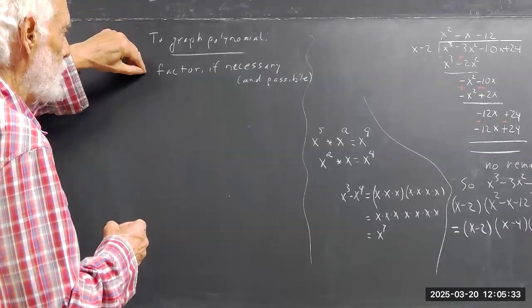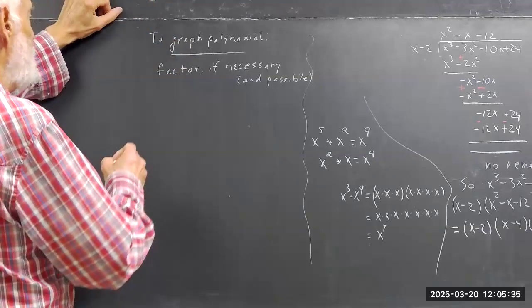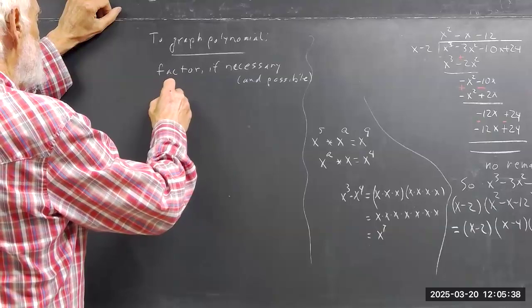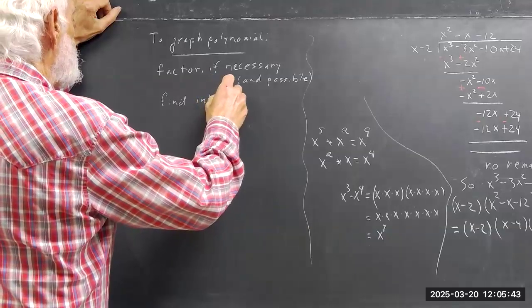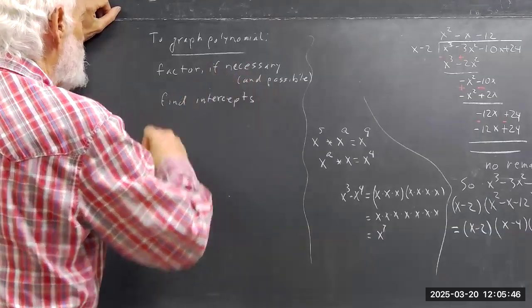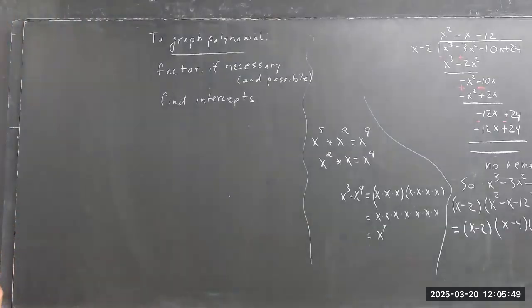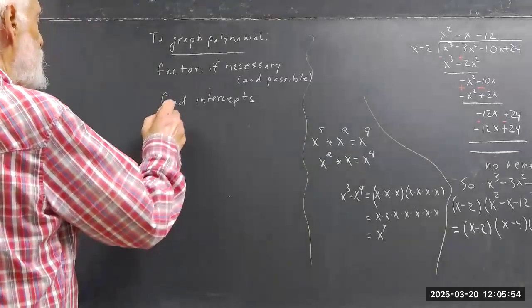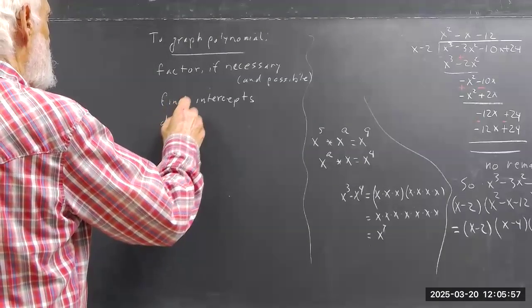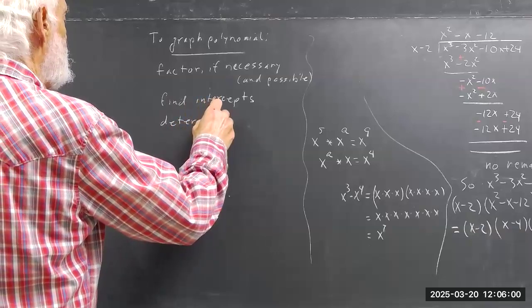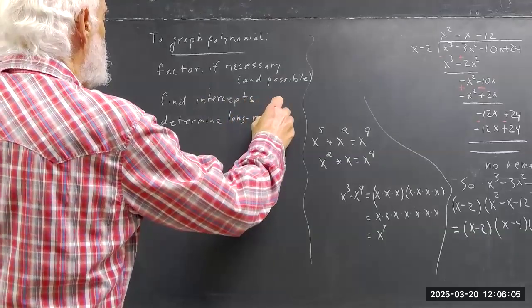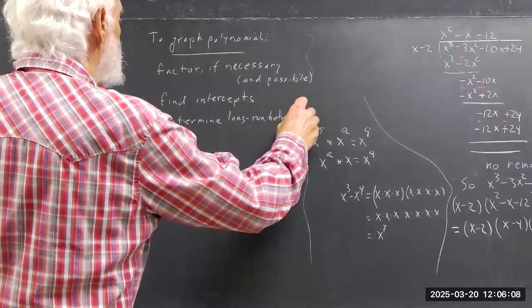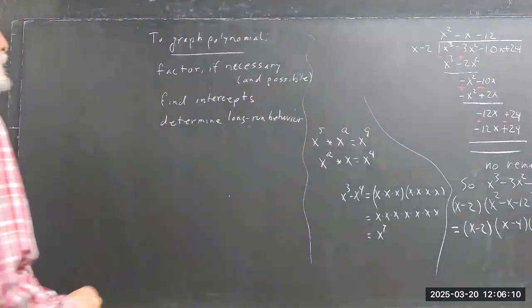Okay, so to graph a polynomial, you factor it if necessary and if possible. Find the intercepts, that's the x-intercepts and the y-intercepts. Determine long run behavior.